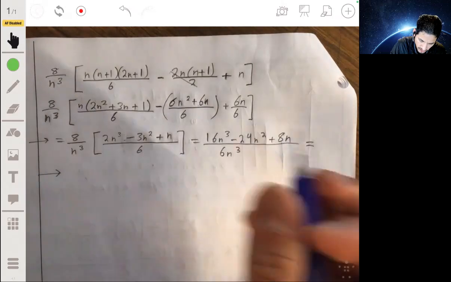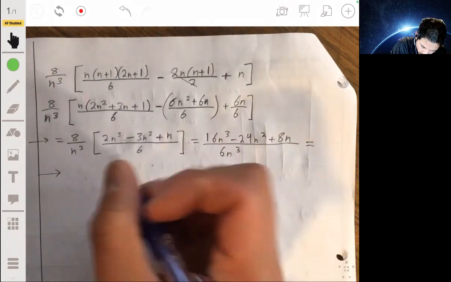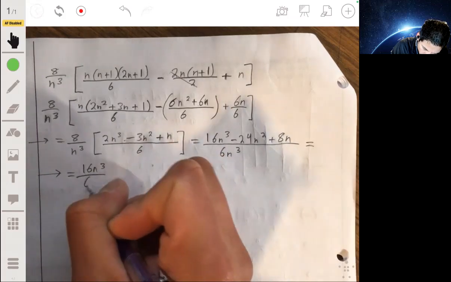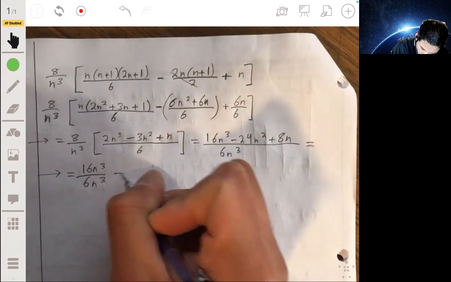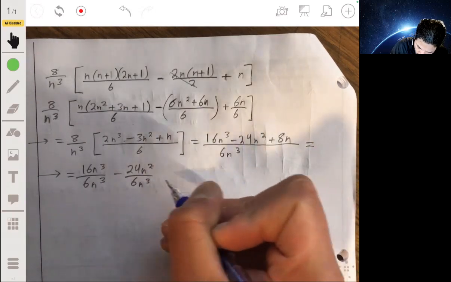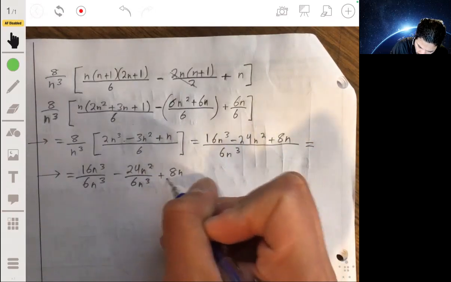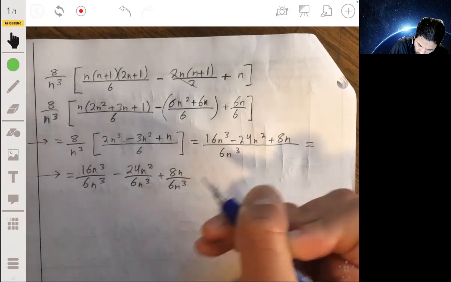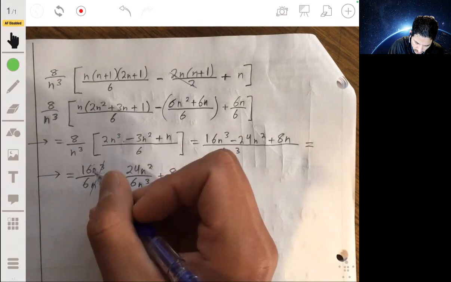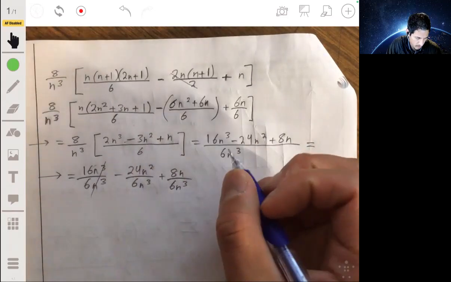Going step by step, and if you need me to, that's what I'm here for: 16n cubed over 6n cubed, minus 24n squared over 6n cubed, plus 8n over 6n cubed. These n cubes will cancel. 16 over 6 becomes just 8 over 3.